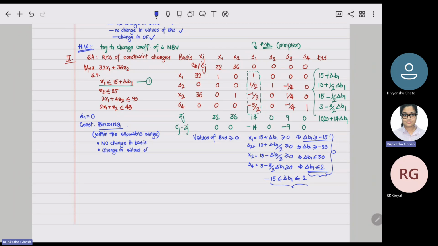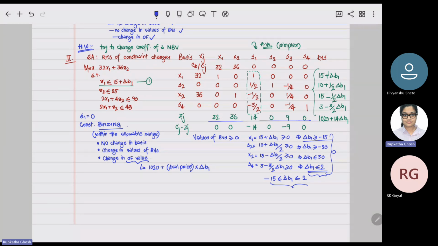So there are changes in values of basic variables as well as a change in the objective function when your constraint is binding. And your objective function value is nothing but the old objective function value plus the dual price into the value of delta B.